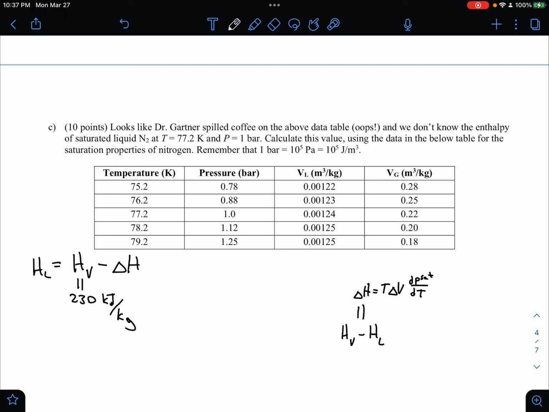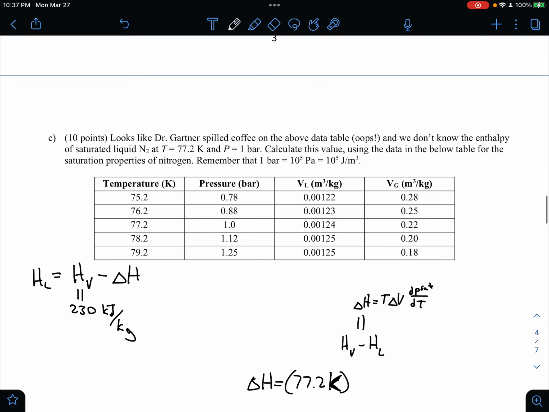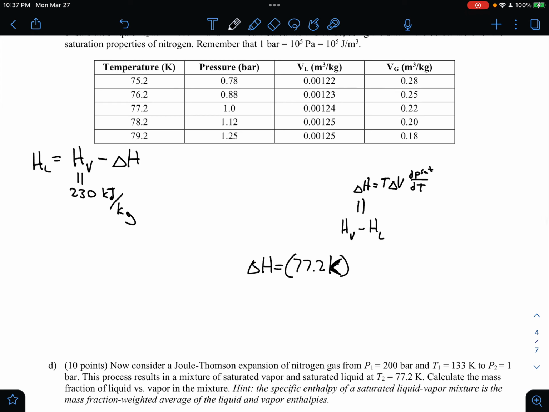And so we ought to be able to compute delta H. So delta H is going to equal 77.2 Kelvin. That was the temperature we wanted, right? Sorry, 77.2 is correct.